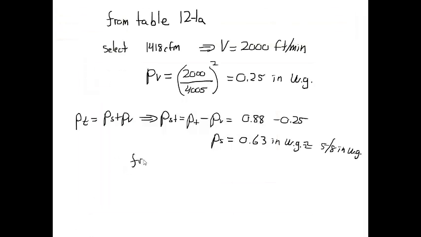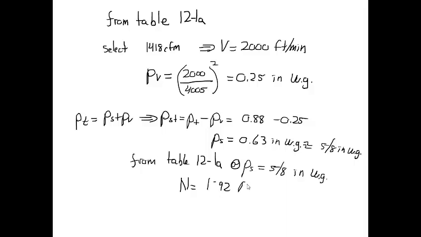So from the table, at a static pressure of 5/8 of an inch of water, I get my fan speed as 1092 RPM with a total shaft power of 0.39 horsepower.